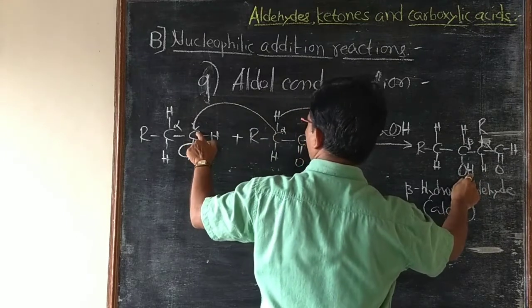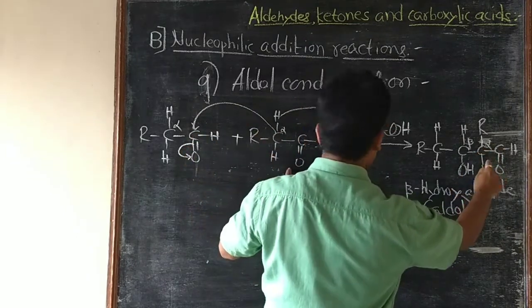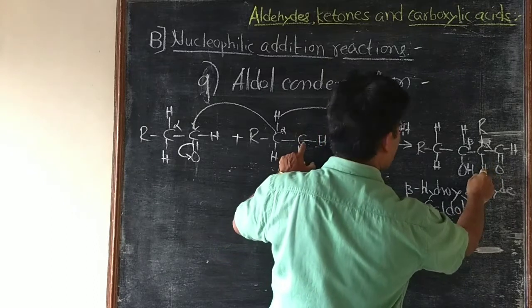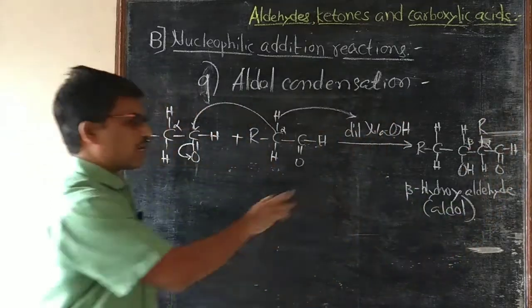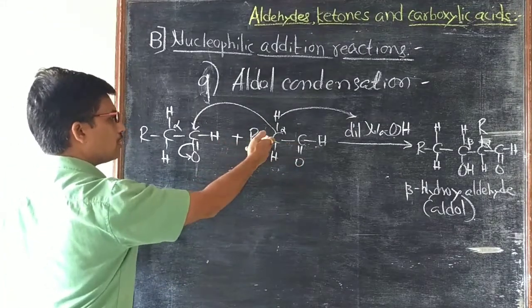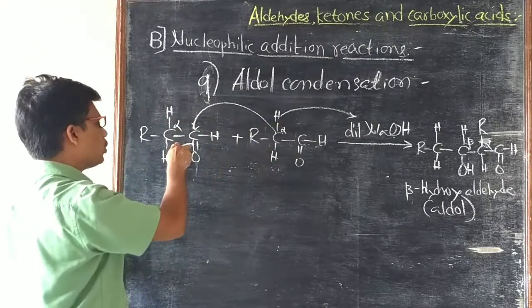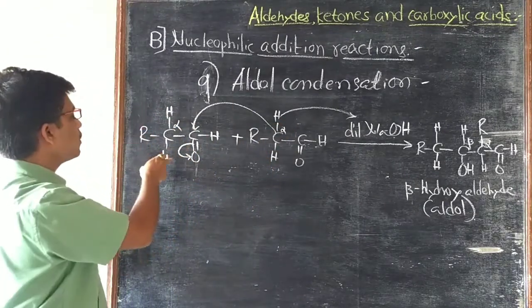This carbon attacks the carbonyl carbon, giving the beta hydroxyaldehyde. It is a nucleophilic addition reaction, that is, the nucleophile carbon attacks the carbonyl carbon of the first aldehyde.